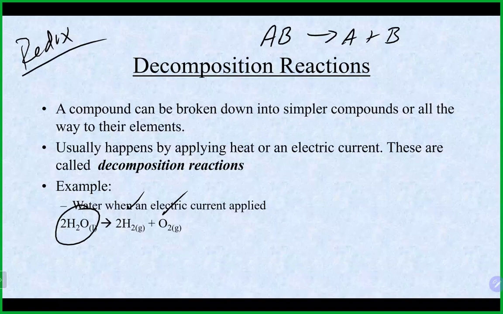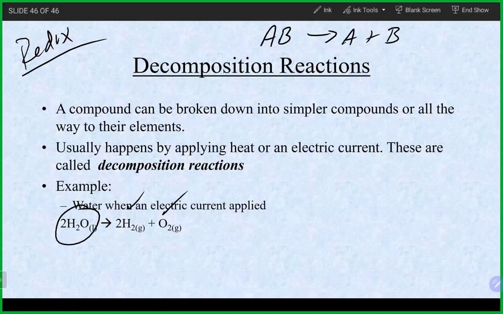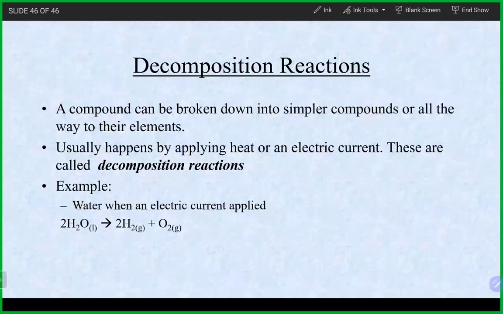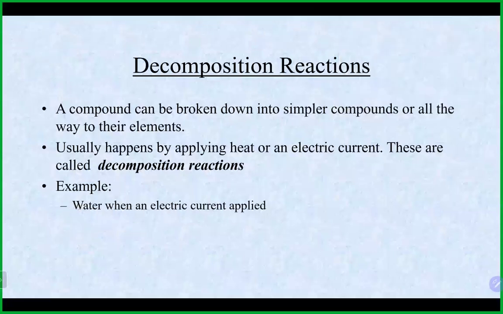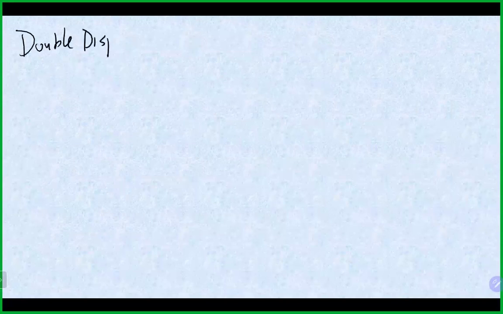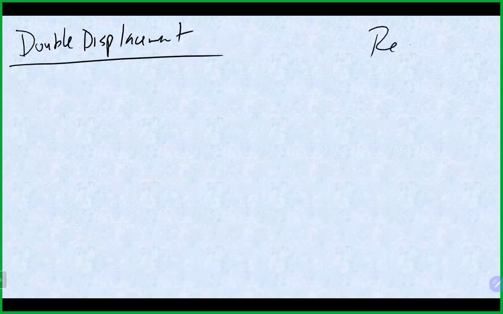So to summarize here, to finish up this chapter, as we talked about in this chapter in terms of ways to classify reactions, really we have our 2 big categories, which are double displacement and redox.